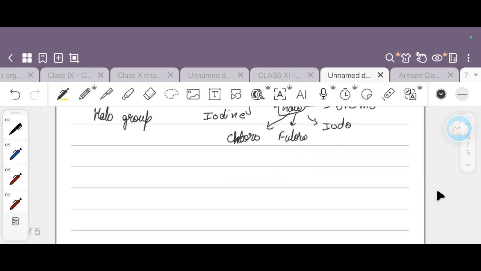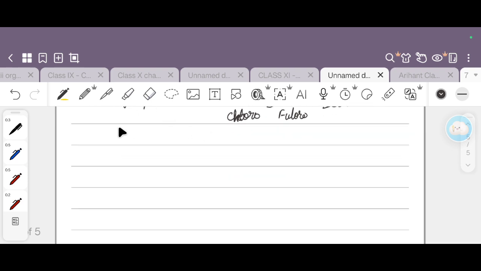Second functional group is alcohol. The functional group here is OH. If we have OH at the end of any carbon or organic compound, then it belongs to the alcohol group, and we will use a secondary suffix for alcohol as OL.